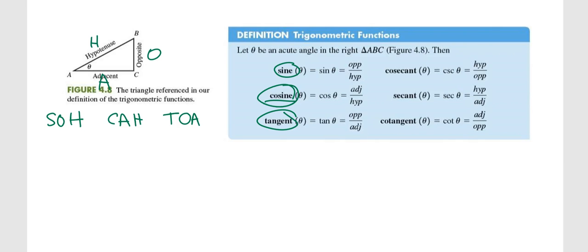Now, can you tell me another way to tell your calculator to find the reciprocal, the way that we taught you in Algebra 1 and Algebra 2? How can you find the reciprocal of something besides taking 1 over that thing?